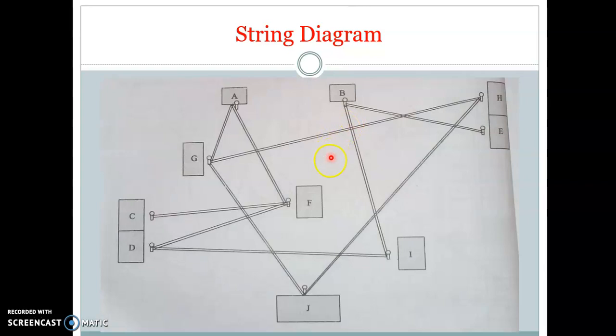If you look at the string diagram, this is the pin which locates one of the facilities. A continuous colored thread can be used for tracing the path taken by the materials or workers. When the paths are many and repetitive, a flow diagram becomes congested and it is neither easy to trace nor to understand. Under such conditions, a string diagram is preferred.